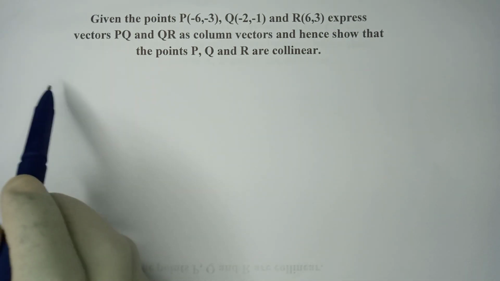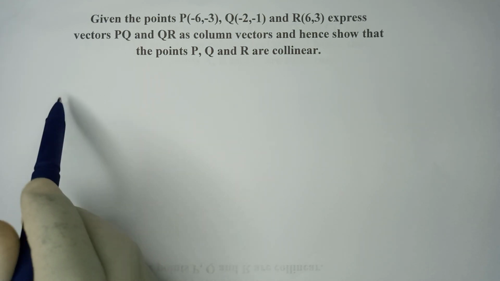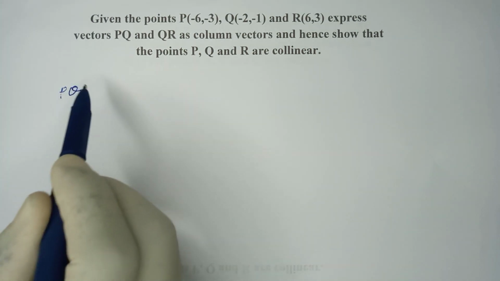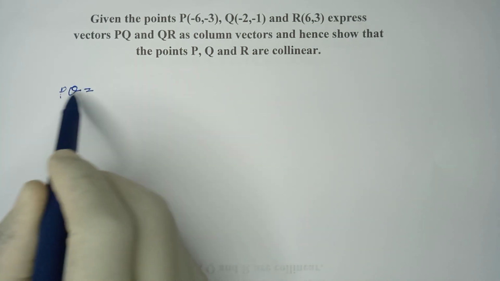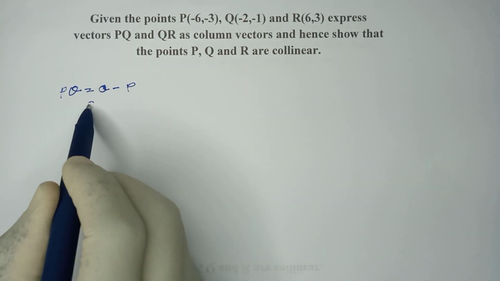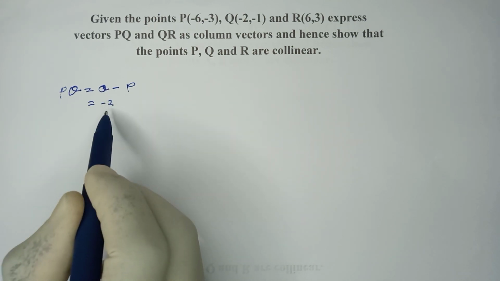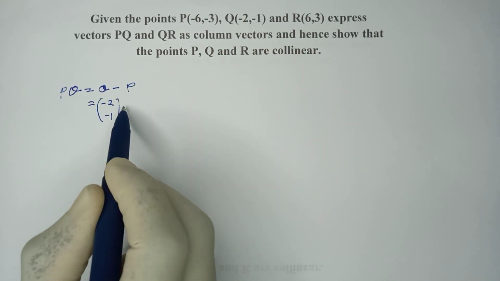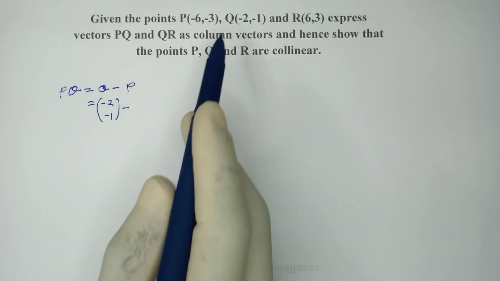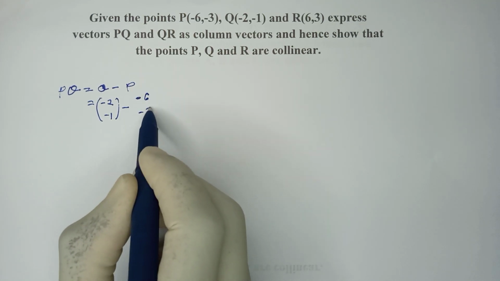We've been told to express vectors PQ and QR as column vectors. So we're going to start with PQ. PQ, you take Q minus P. You express the point Q as a column vector, (-2, -1), minus P, converting from coordinates to a column vector, (-6, -3).